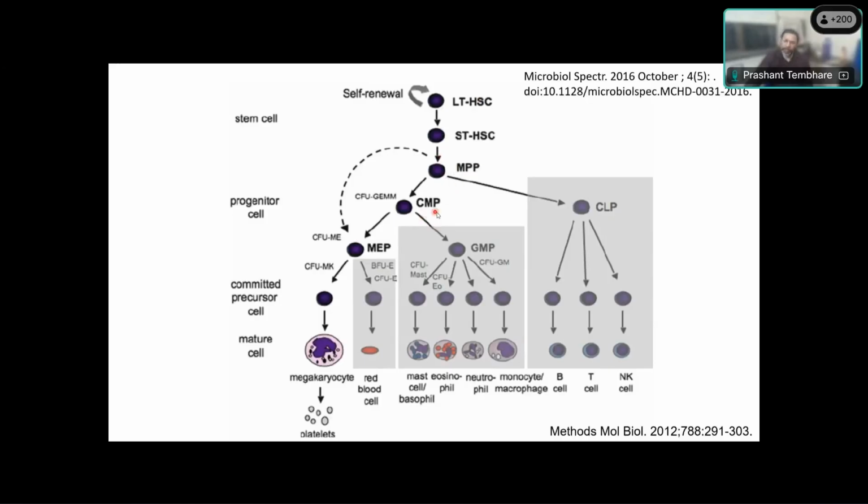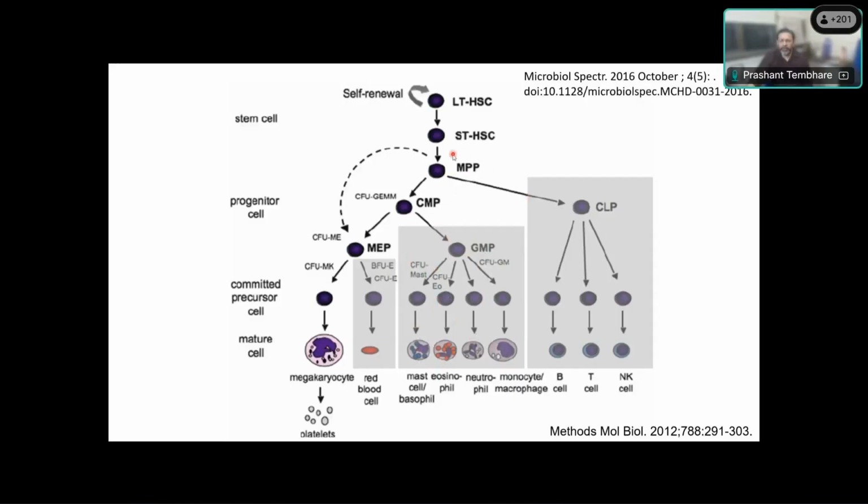Then they become common myeloid progenitors, which include the granulocytic monocytic precursor and the megakaryocyte erythroid precursor. Then erythroid precursors become erythroid cells, megakaryocyte precursors become megakaryocytes, and the monocytic precursor becomes monocytes. Among the granulocytic cells, some will become neutrophils, some basophils, and some eosinophils.